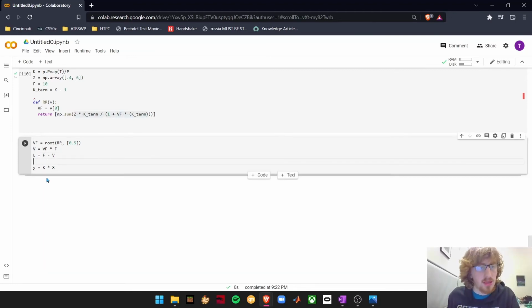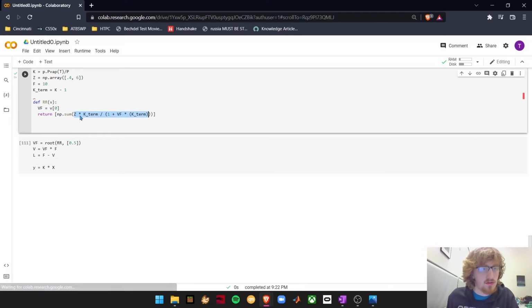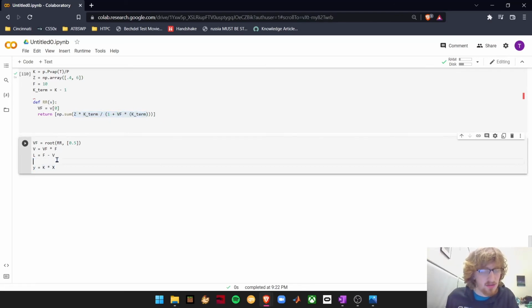So now we can go ahead and solve for our X term as well. In this case, X will simply be as we derived it in our notes. I don't have them pulled up, but you know what, I'll pull it up real quick.